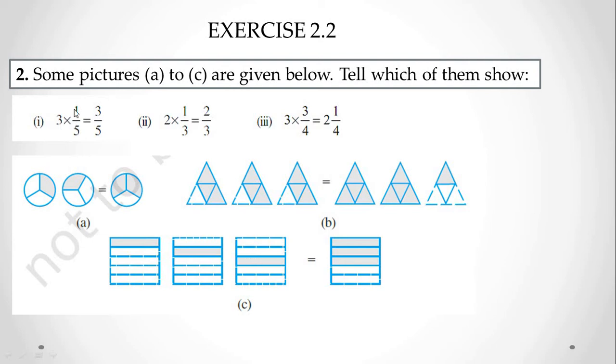It means here the second one is 1 upon 5. 1 upon 5 means in a particular object 1 is selected out of 5, and at the last 3 parts are selected out of 5, so it is matched with this one. 3 into 1 upon 5 means total 3 repetitions are there, and out of 5, 1 is selected in each repetition, and at the last 3 parts are selected out of 5. So the first answer is nothing but C.